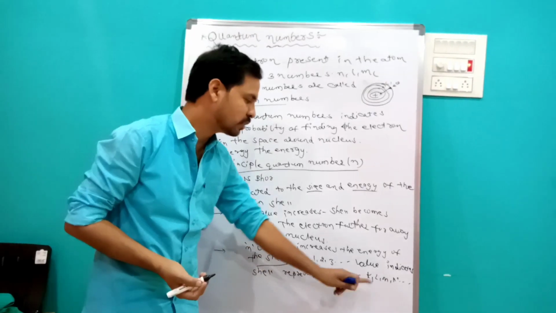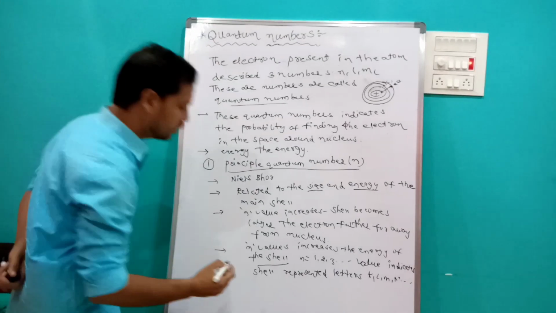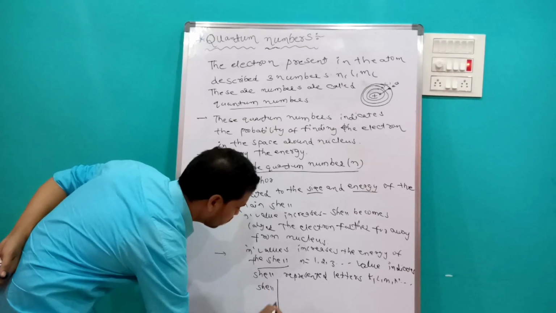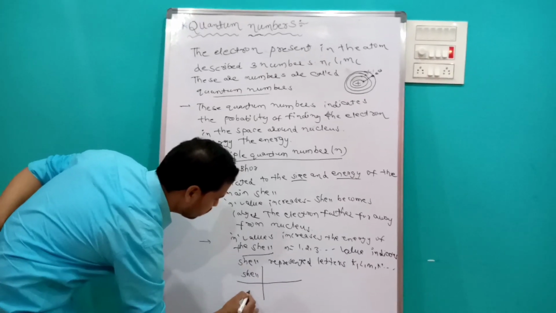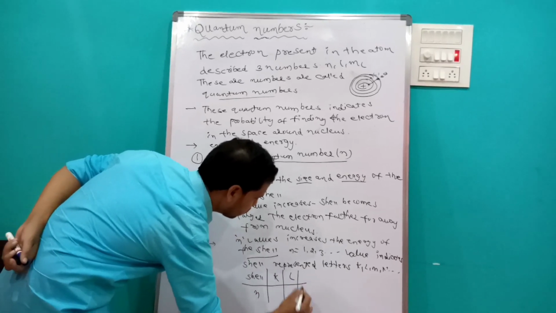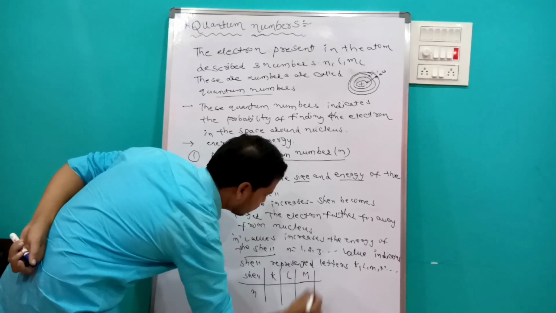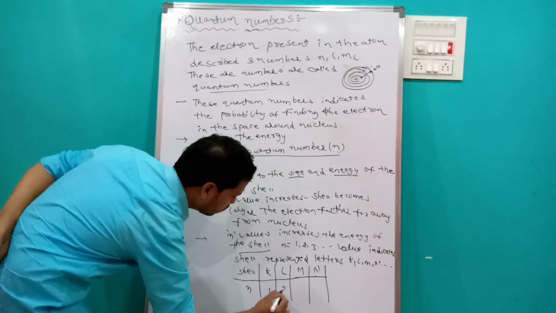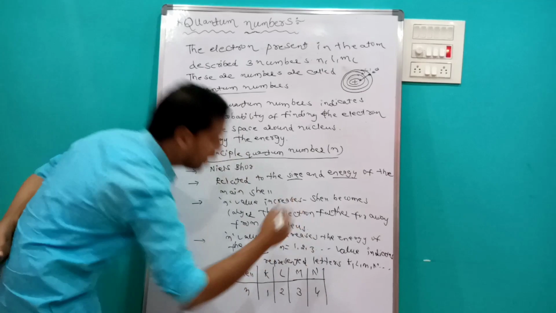What are those letters? K, L, M and N. So here we are taking the shell, and the shells are K, L, M and N. Then the n values are 1, 2, 3 and 4.